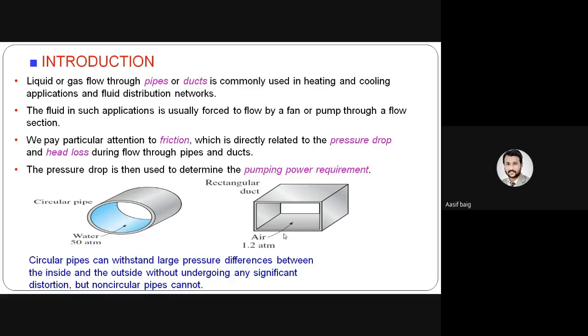So here we have two diagrams for the pipe flow. One is the circular pipe and another is the rectangular pipe. And if you analyze both the pipes according to their dimension, and we study the flow through this pipe, we can conclude that the circular pipe can withstand large pressure differences between the inside and the outside without undergoing any significant distortion.